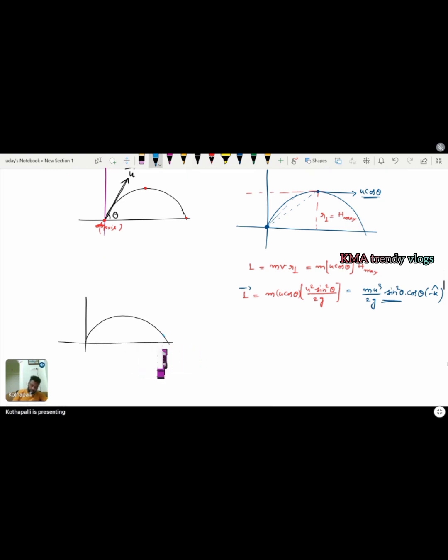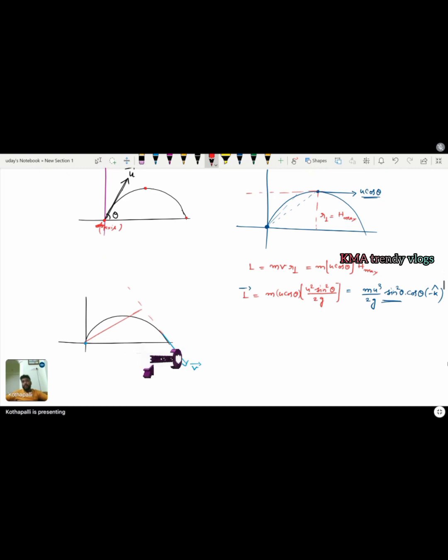So when it is about to reach the ground, this is the velocity direction. Now see, this is the axis of rotation. Two conditions that I can apply. Either take the line of velocity and find the perpendicular distance and apply m v r perpendicular.